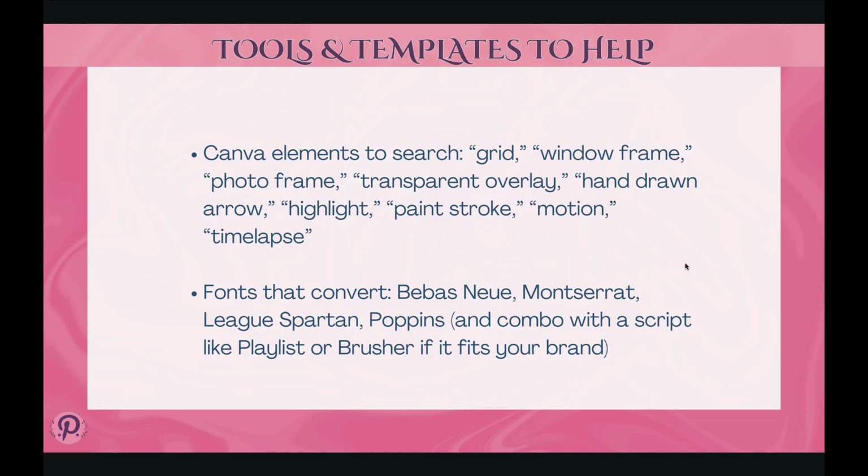You can also search for motion or time lapse photos. And then there's some fonts there that are really, really legible and really easy to pair with script fonts or to pair with other fun fonts, you know.